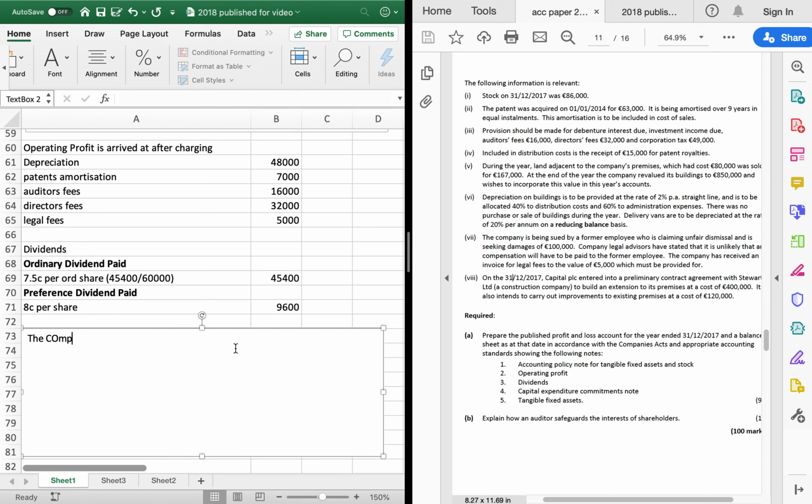You'd say the company has entered into a preliminary contract agreement with Stewart Limited to build an extension at a cost of 400,000.